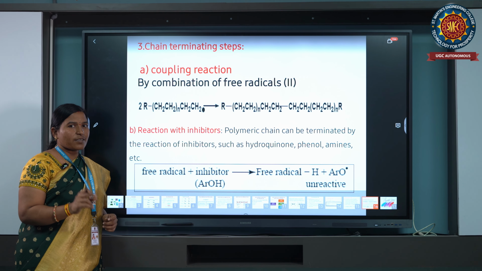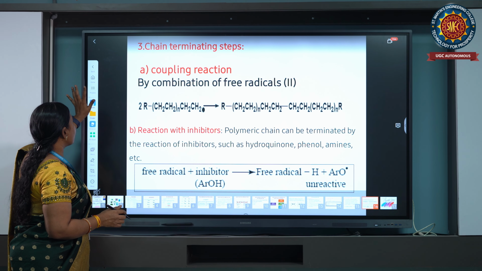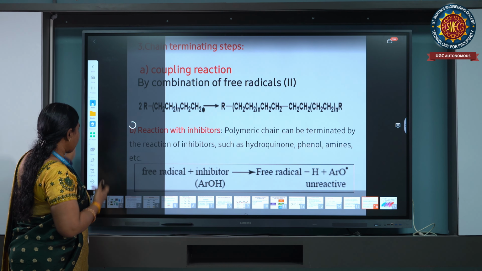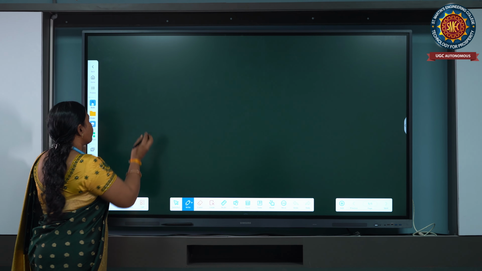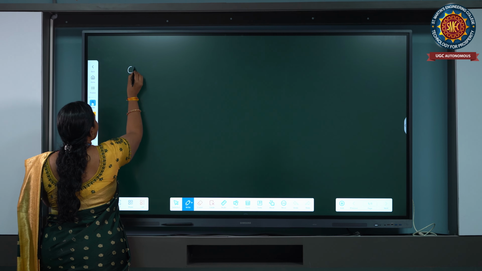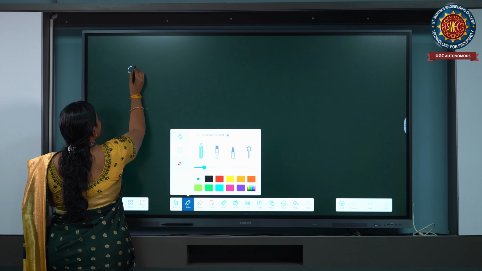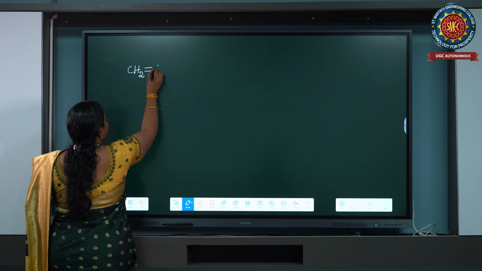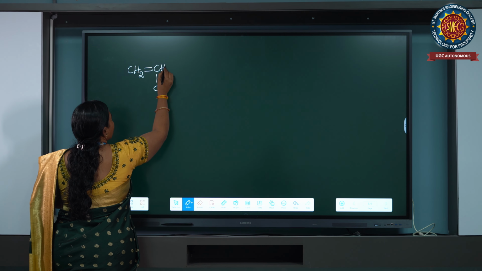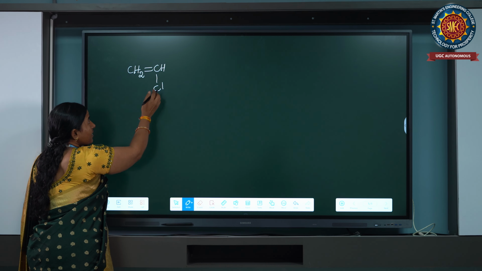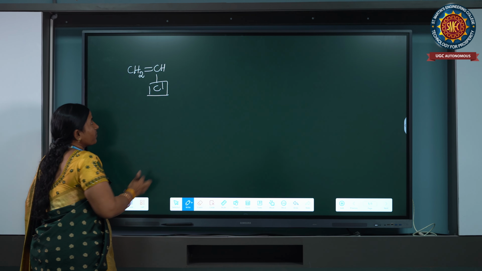Now I will discuss one example related to addition polymerization: vinyl chloride. Vinyl chloride has a carbon-carbon double bond, CH2=CHCl, with chlorine. Instead of ethylene, one hydrogen is removed and chlorine substituted.